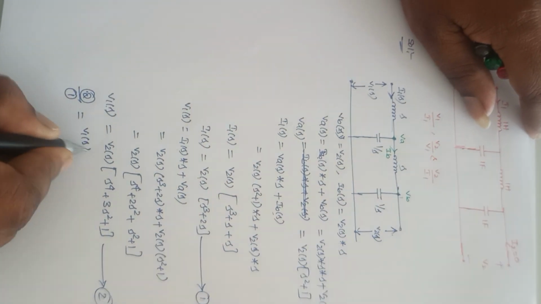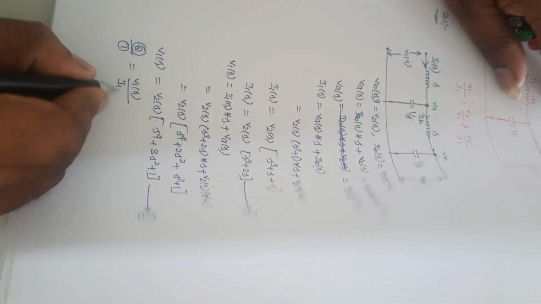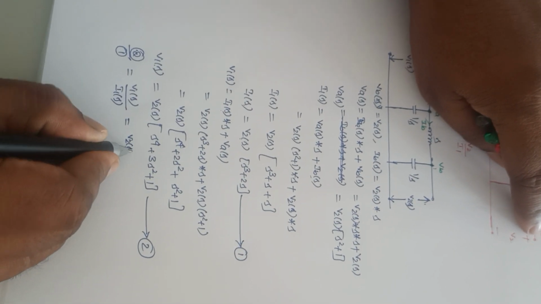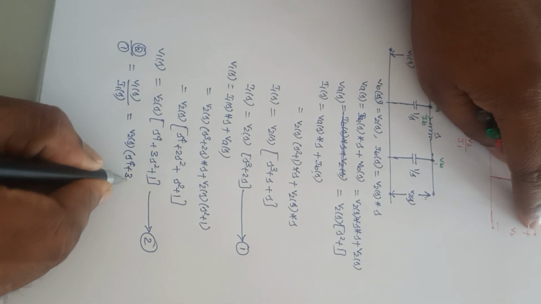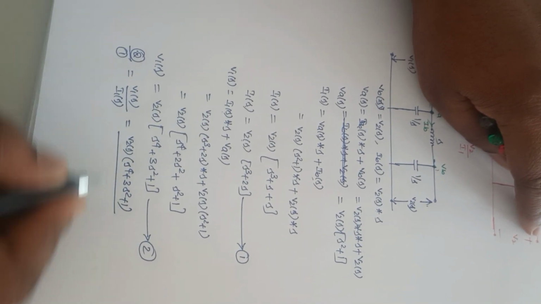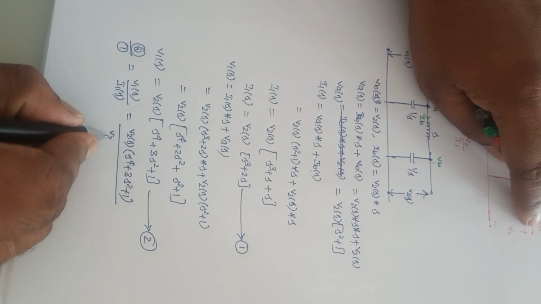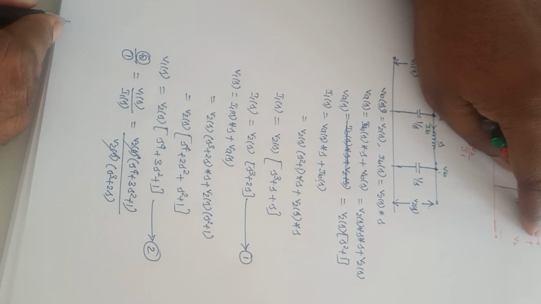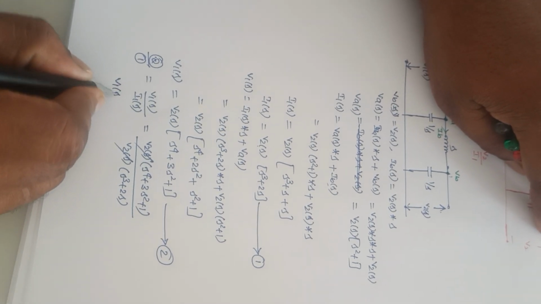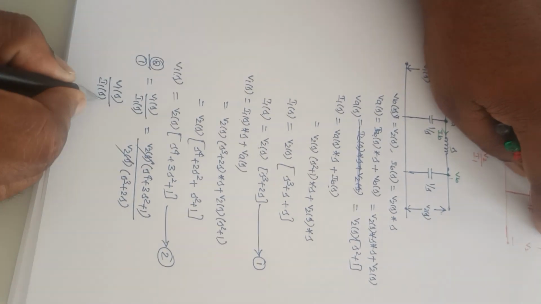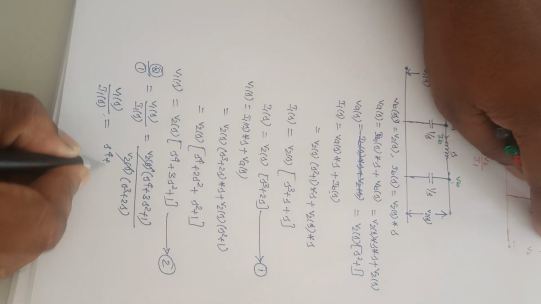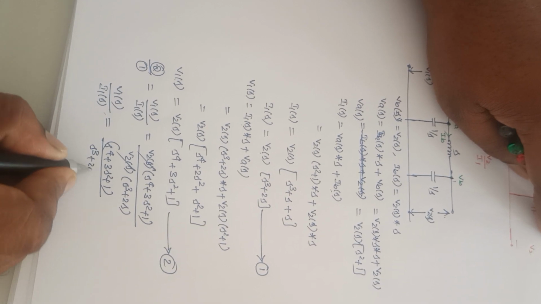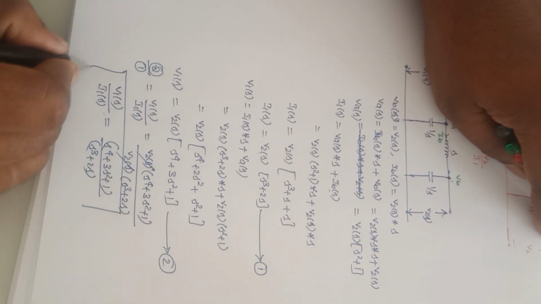V1 of S is V2 of S into S power 4 plus 3S square plus 1, divided by I1 of S, which is V2 of S into S cube plus 2S. The V2 of S will get cancelled. So V1 of S divided by I1 of S is equal to S power 4 plus 3S square plus 1 divided by S cube plus 2S. So this is the first one.